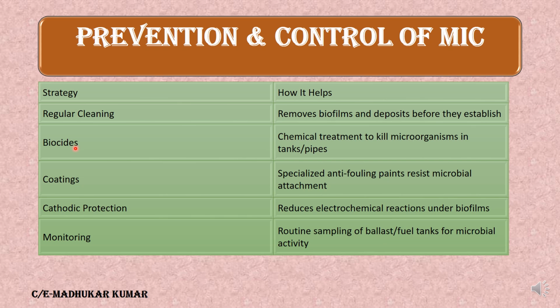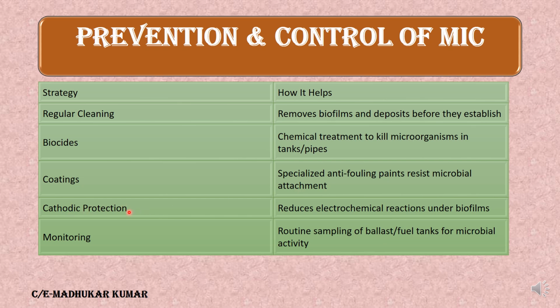Biocides, the chemical treatment, will kill the microorganisms in the tanks, pipelines, and internal places. Coatings: you have to have sufficient coating to prevent the MIC impact. Specialized anti-fouling paints, basically for the hull structure, will resist microbial attachment, not allowing any growth, and protect the hull plating.